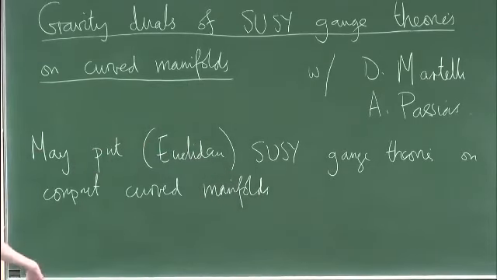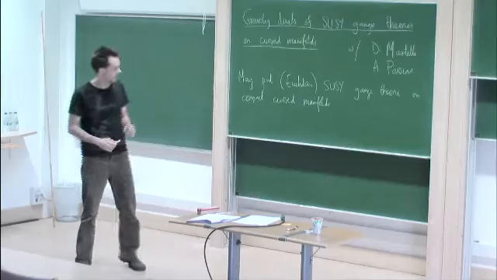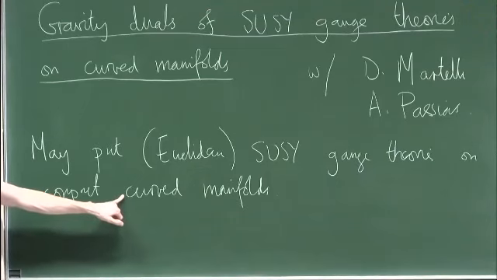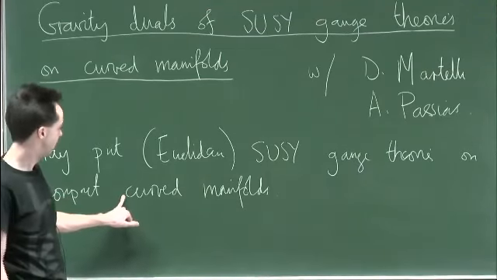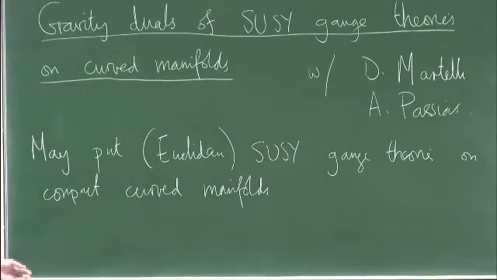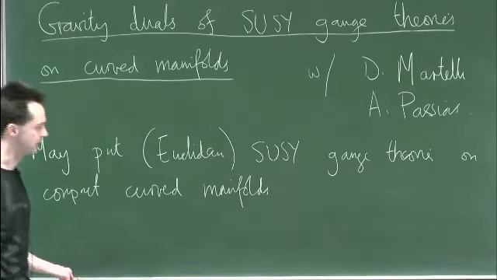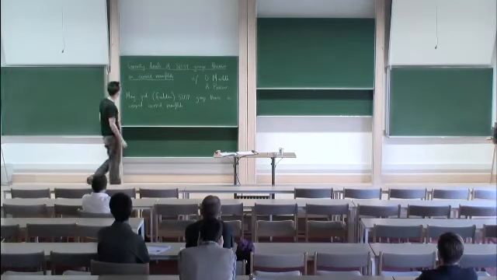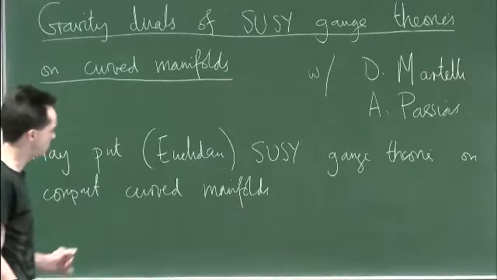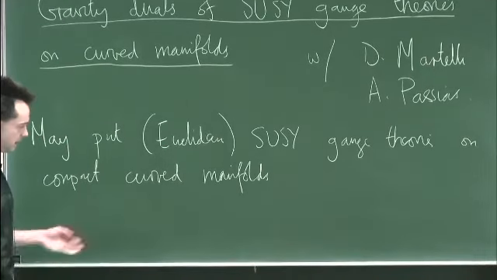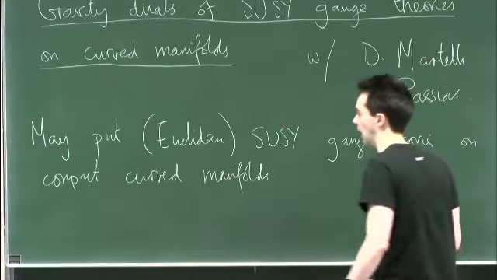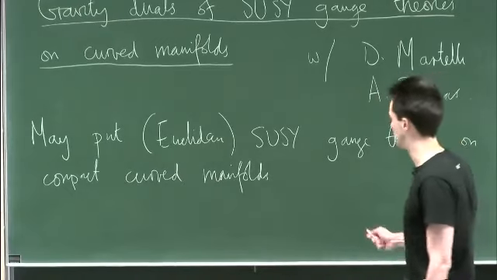For example, Daniel Jafferis talked about the round three-sphere, and defining N=2 supersymmetric gauge theories on the round three-sphere. We had a talk last week on supersymmetric Yang-Mills in 5 dimensions on the round 5-sphere. In my talk, I'll talk about these cases where the background metric is not round. So it's a non-trivial curved manifold.